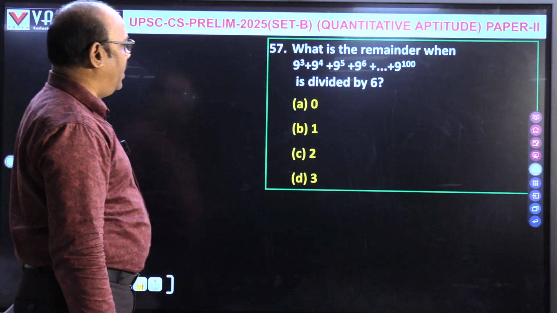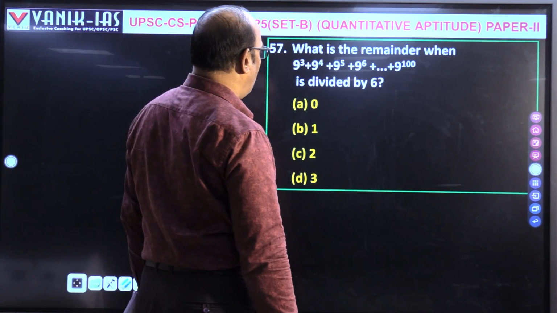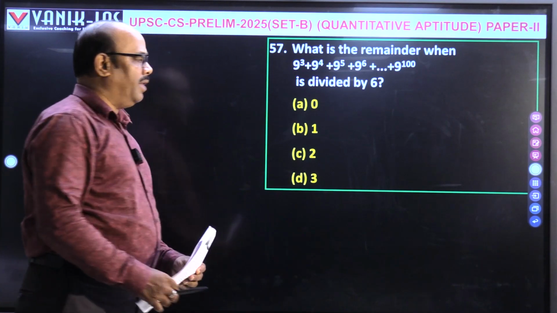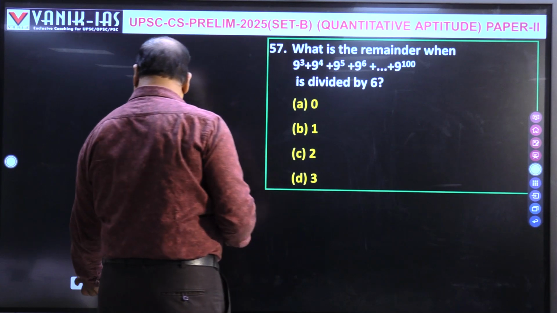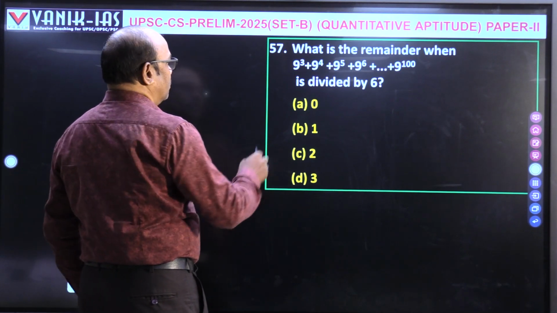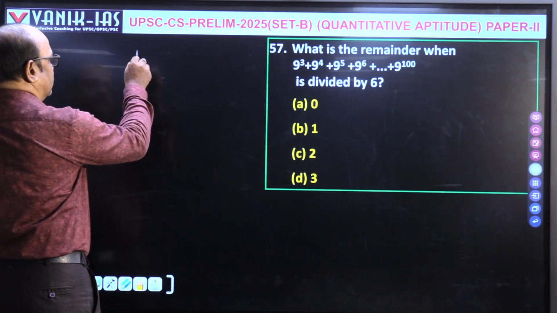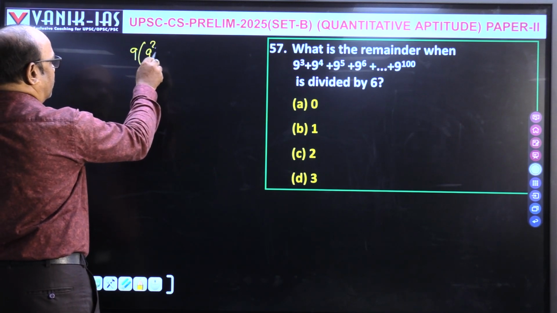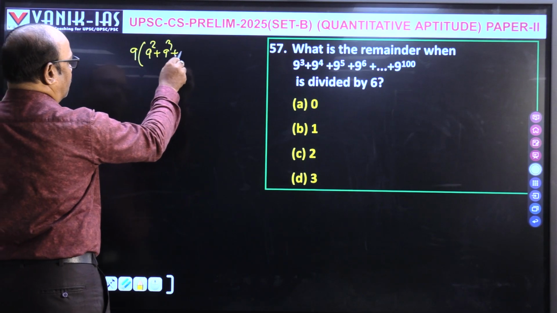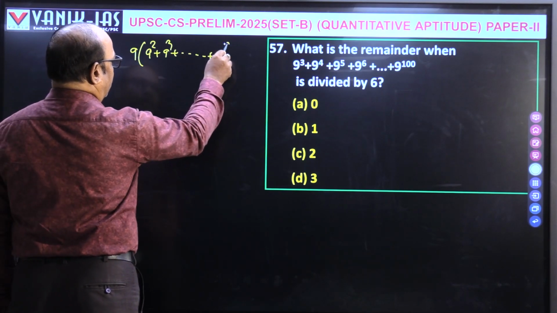What is the remainder when 9 to the power 3, 9 to the power 4, 9 to the power 5, up to 9 to the power 100 is divided by 6? If it is divided by 6, the remainder rule says take 9 common: 9 square plus 9 cube plus up to 9 to the power 99.